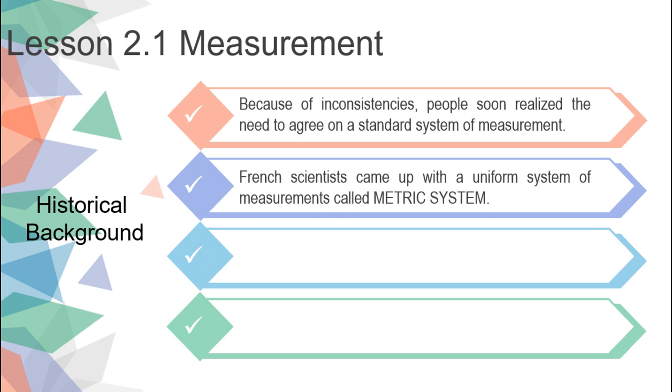It uses the meter as the standard unit for length, which is equal to 1 ten-millionth of the distance from the North Pole to the equator. Today, the meter is defined as the distance traveled by light in a vacuum in a time interval of 1 per 299,792,458 of a second. The Philippines is one of the countries that use the metric system.